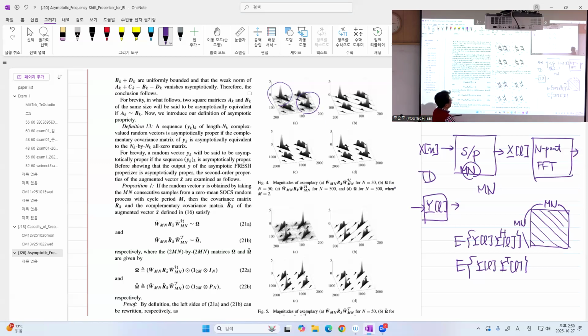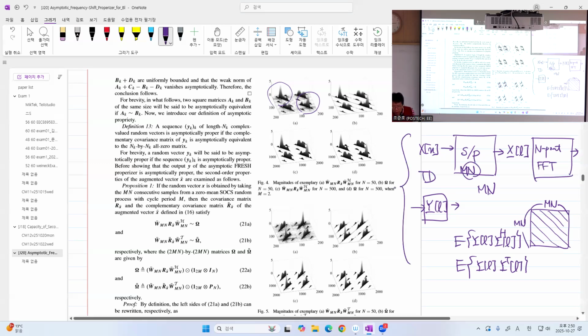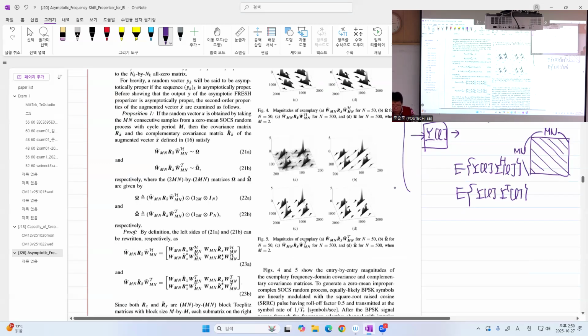Oh, okay. I got what is wrong. So this is already after we properize the signal, I believe. Anyway, we may apply something similar to this one.